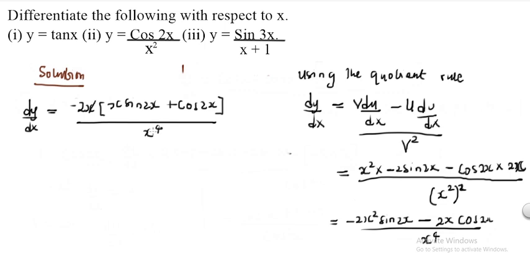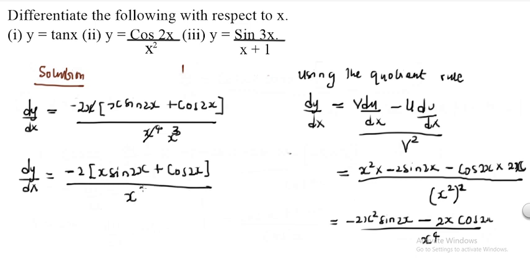If x cancels out x here, we have x to the power of 3 left. So dy over dx of all of this is equal to minus 2 open bracket x sine 2x plus cos 2x close bracket divided by x cubed. So this is the derivative of y equals cos 2x divided by x squared.